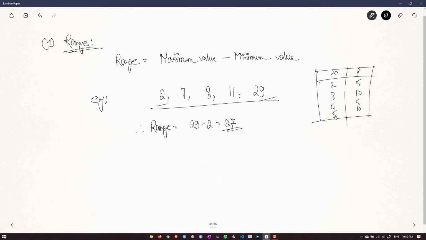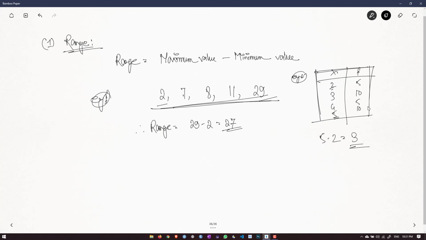Then range will be the maximum value minus the lowest value. That means 5 minus 2, which is 3, will be your range. We disregard the frequencies; we do not consider frequencies in calculating range. So example number 1 had ungrouped numbers.